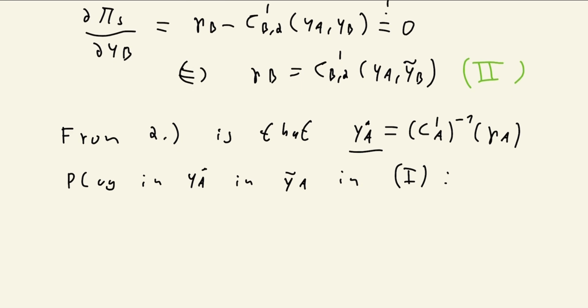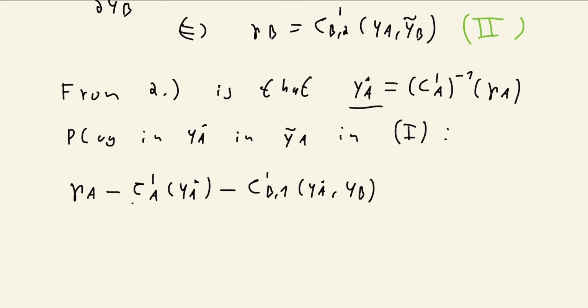So we get PA minus C prime A of ya star, because we plugged in for ya tilde now, minus c b1 prime ya star yb.